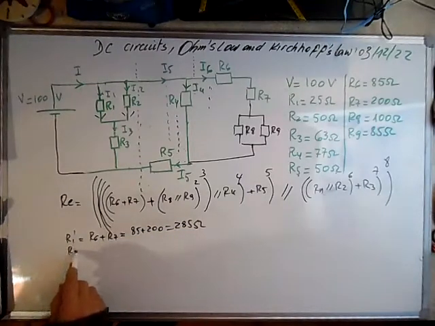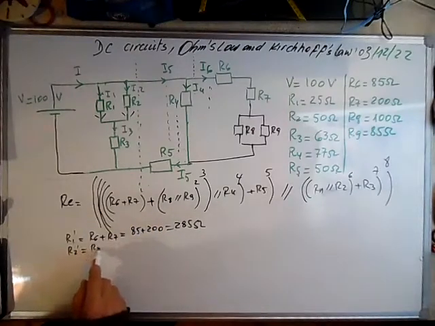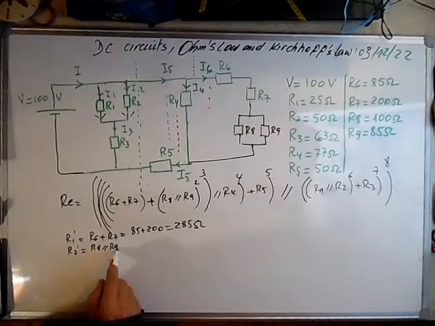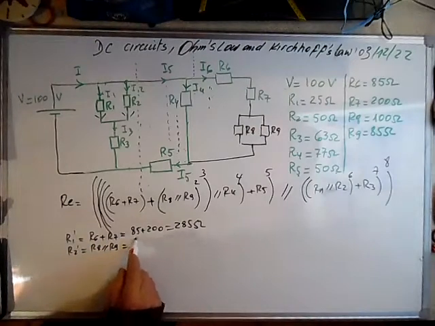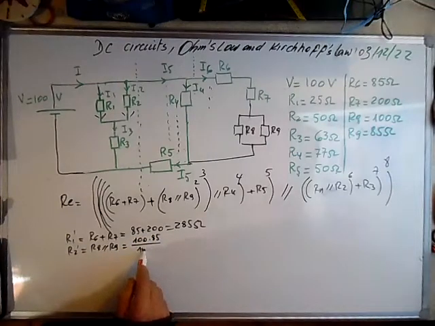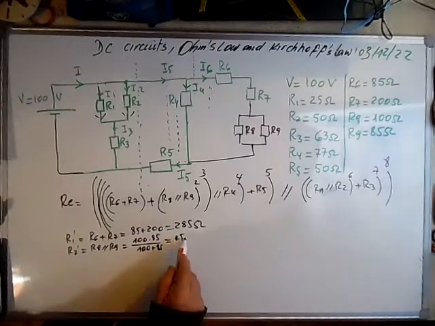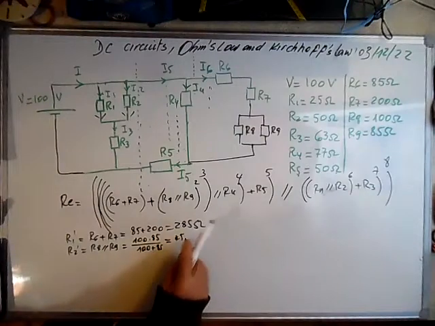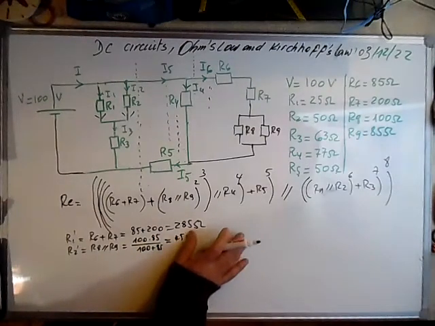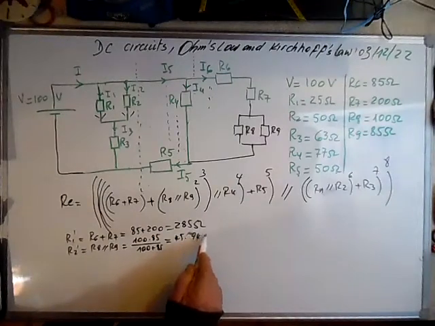R2 prime, this is R8 in parallel with R9, this is 100 times 85 over the sum of these two, and is equal to 45.946 ohms.